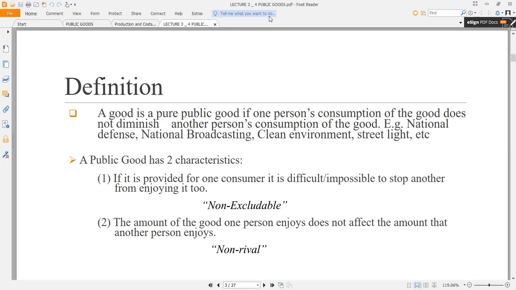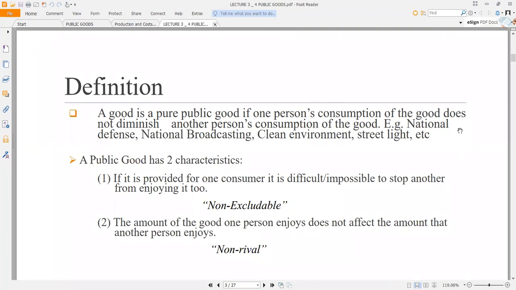At times too, you wouldn't be able to prevent other people, but the thing will be rival in consumption. So most of the time we don't get the pure ones. Okay, we call them quasi public goods, but we are dealing with pure public goods.